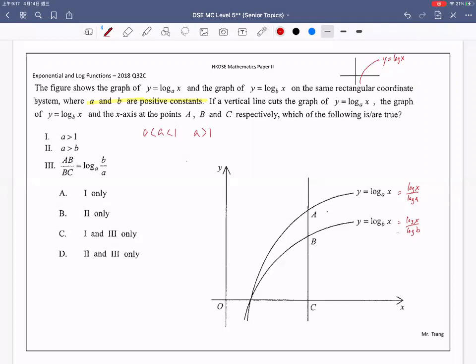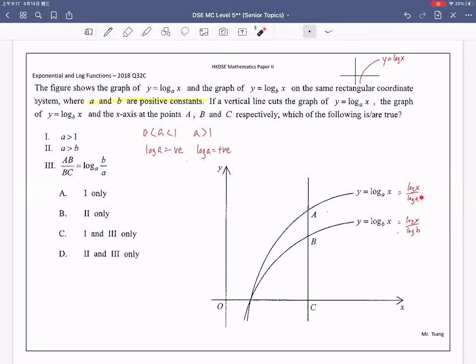If A is in between 0 and 1, log A will be a negative number. If A is greater than 1, log A is a positive number. If A is in between 0 and 1, this one will be a negative number. And what happens if this is a negative number?